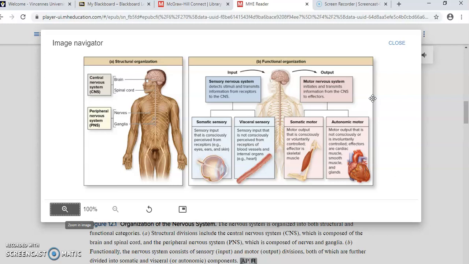Remember, these are taking signals away from the CNS, so they're going to effectors. If they're going to the skeletal muscle, which is a type of effector, we call them somatic motor neurons. So any motor neuron that's leaving the CNS and heading to a skeletal muscle to stimulate it to contract, we call a somatic motor neuron.